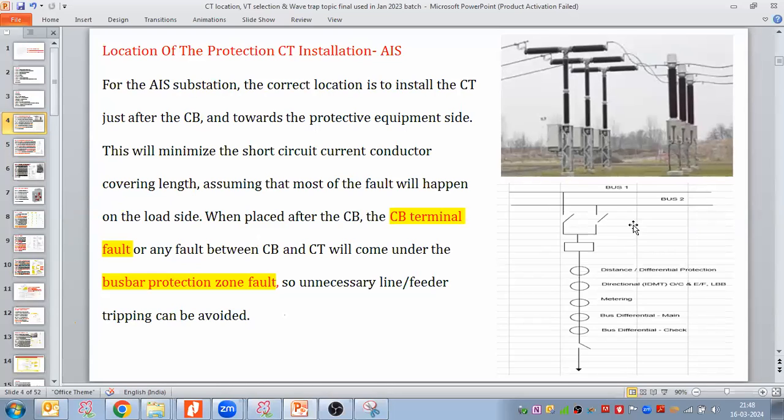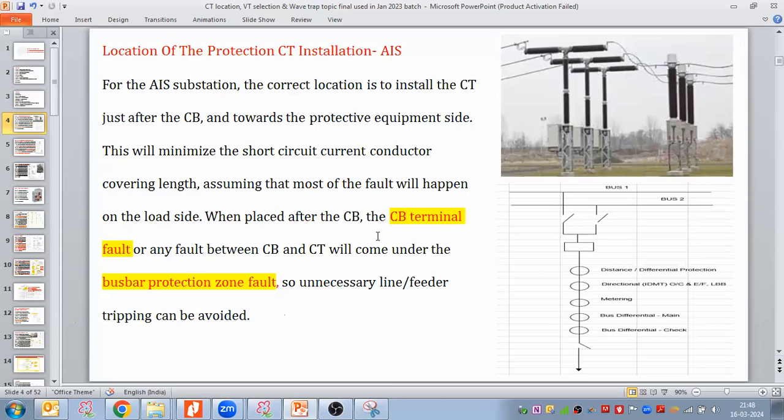I have given three statements. Statement number one, breaker CT just after the breaker: I wanted to reduce the conductor length which the short circuit current will travel or cover. Point number two, I wanted a breaker terminal fault under the bus bar zone fault.